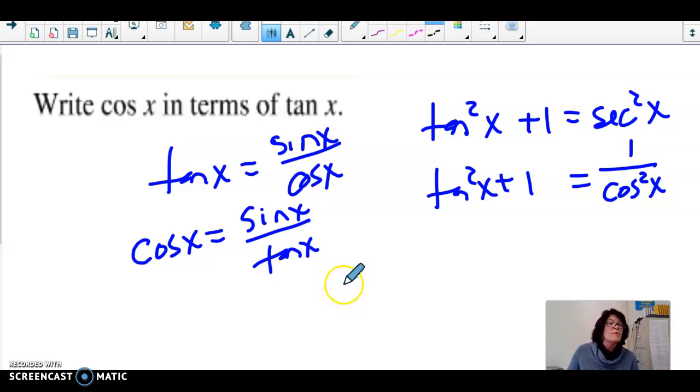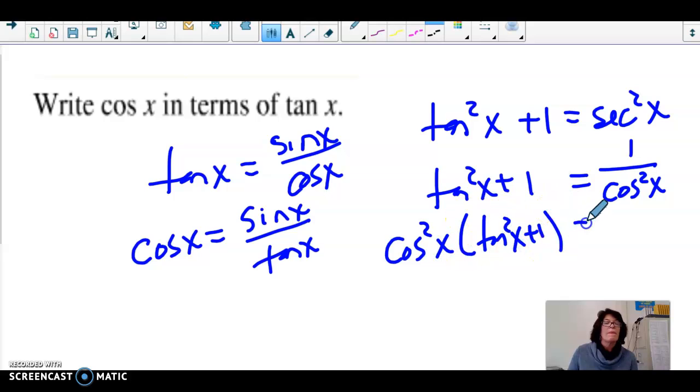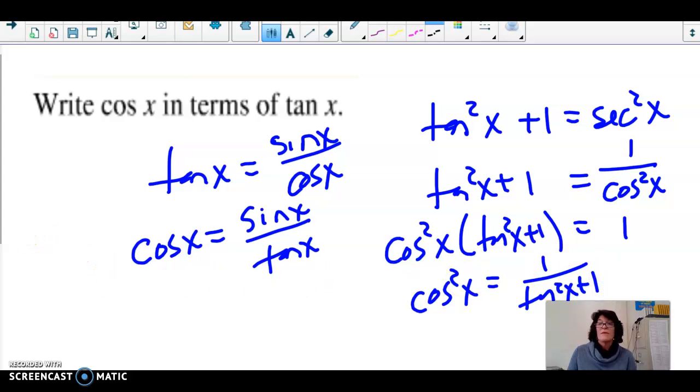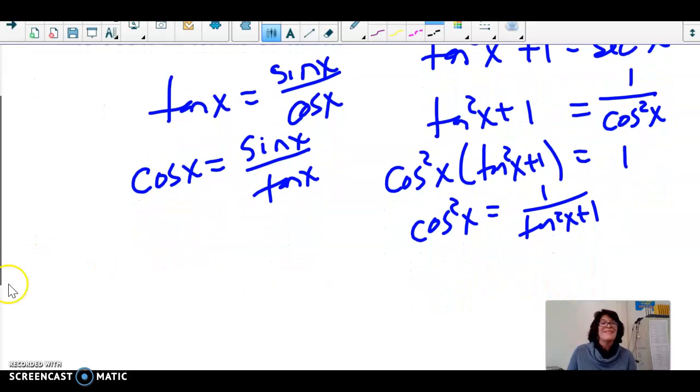So I could multiply both sides by cosine squared. And then divide by this. And now I'm getting close. Okay, we're getting close there.